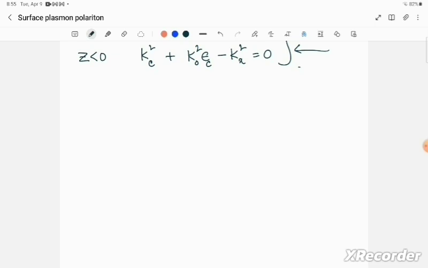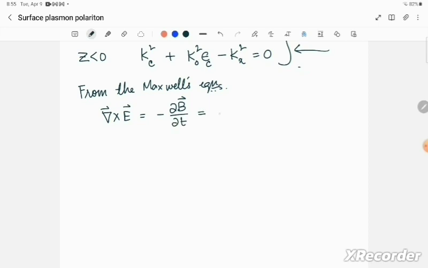Other than that curl of curl relation, we have the independent relations for the curls. So from Maxwell's equations, we pick up two of them. One is curl E, which is minus del B by del t, which is minus mu naught.